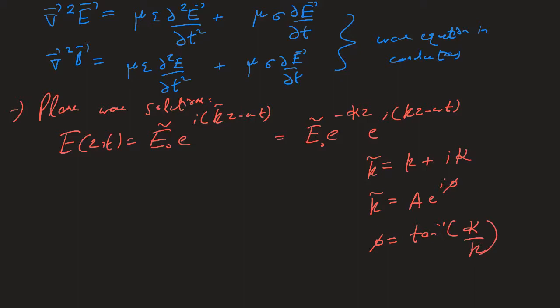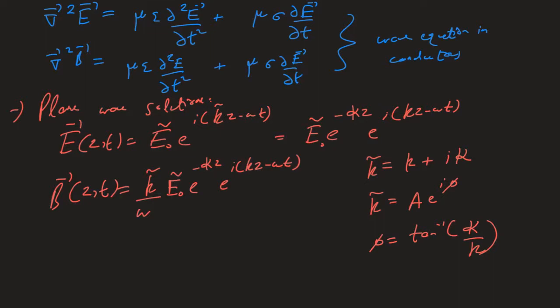Under this framework, we can write the corresponding B field as k tilde over omega, which is the angular frequency, times E naught tilde, most generally, e to the minus kappa z e to the i of kz minus omega t.